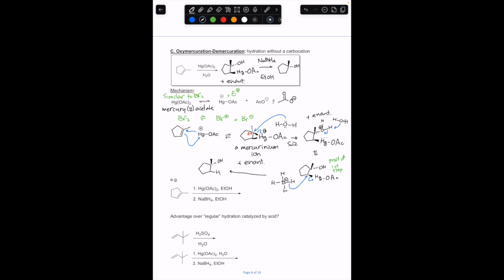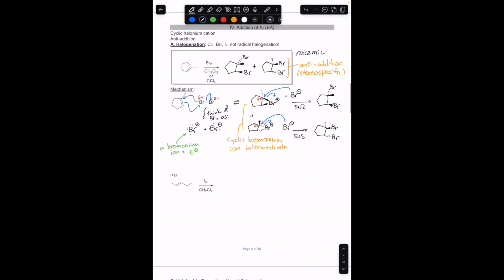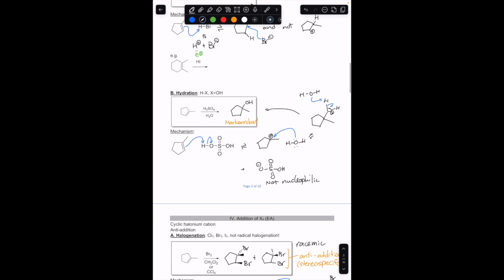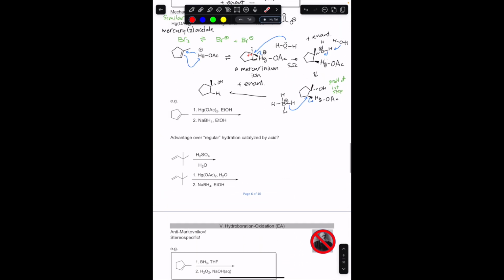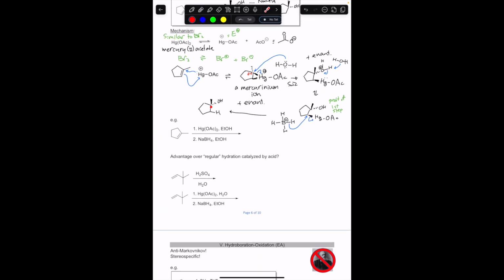So what's so special about this, because this really does the same thing as the hydration reaction, if you recall, where we added the water across the double bond. I'm showing it like it's stereospecific, but remember there's a symmetry here, so this is not even a chiral center. What's so special about this? Well, it's special because there's no carbocation intermediate.